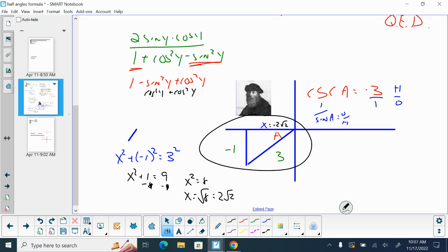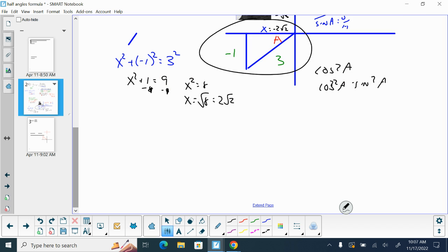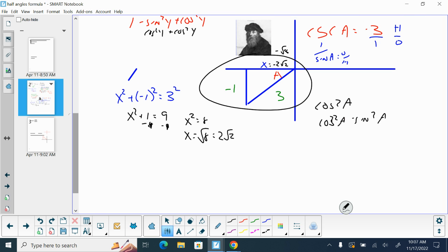Now it's sort of nice when I have the cosine of 2a. We have cosine squared minus sine squared. It wouldn't be bad to go back to that original square root of 8. The cosine of a is negative square root of 8 over 3, because I'm going to square that, and when you square that, it gets rid of your radicals for you.